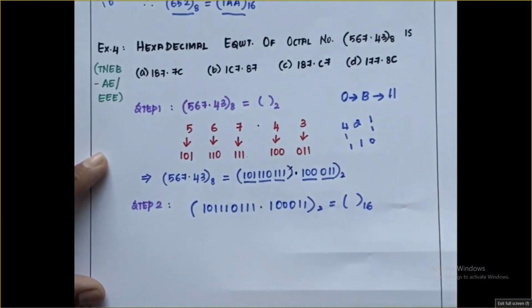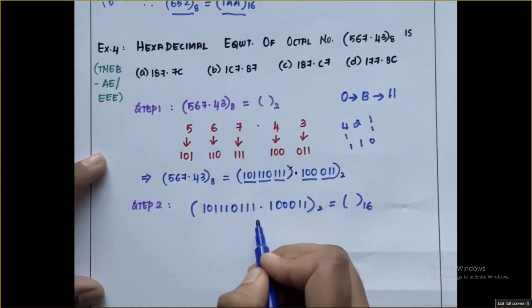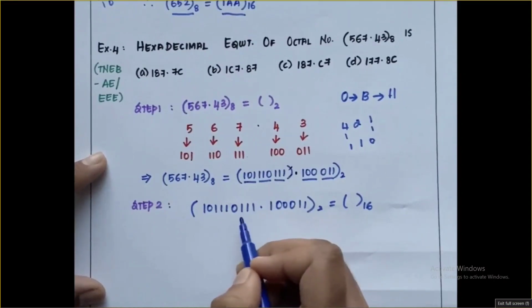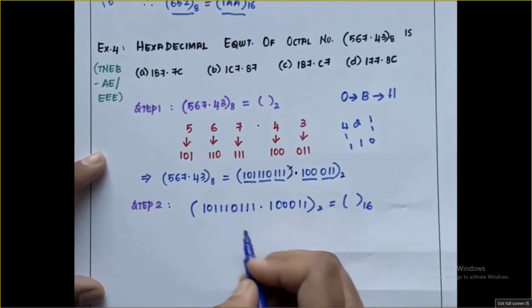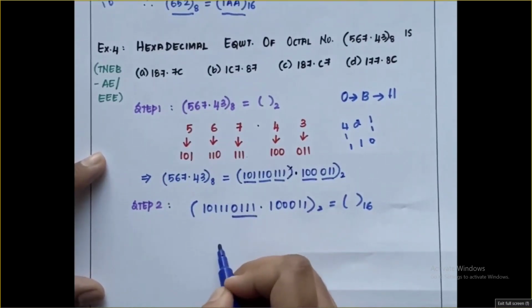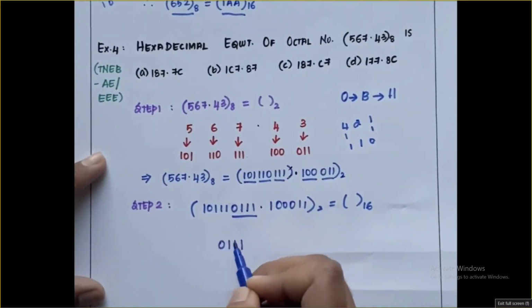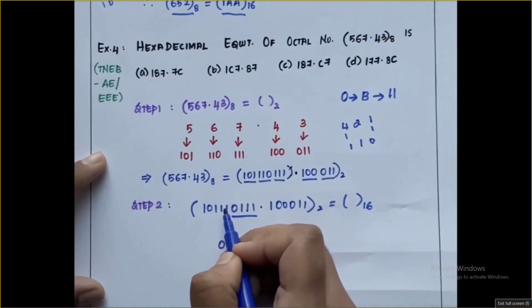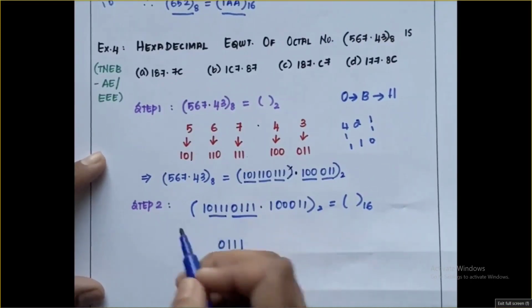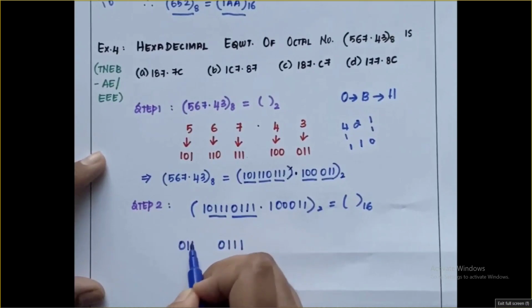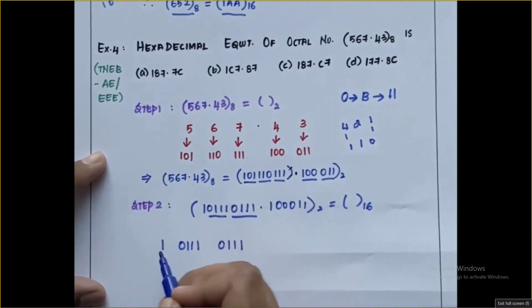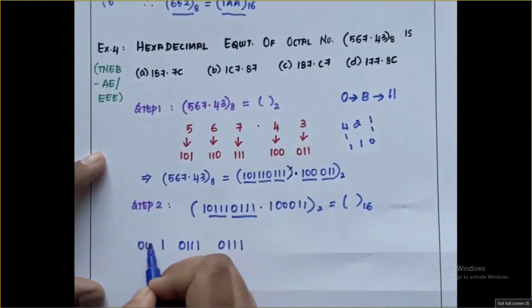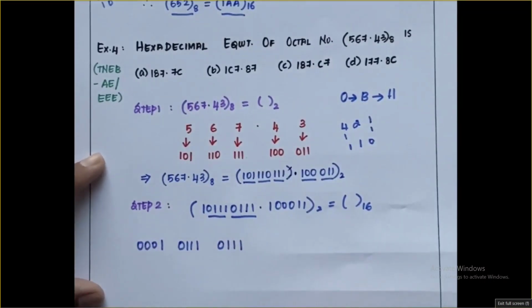For this conversion, for the integer part, starting from the rightmost value, we have to segregate into 4 bits each. The first set of 4 bits is 0111. We can write it separately. The next set of 4 bits is again 0111, and remaining we have only 1 bit. So 1 followed by 3 zeros in front so that it does not make any difference.